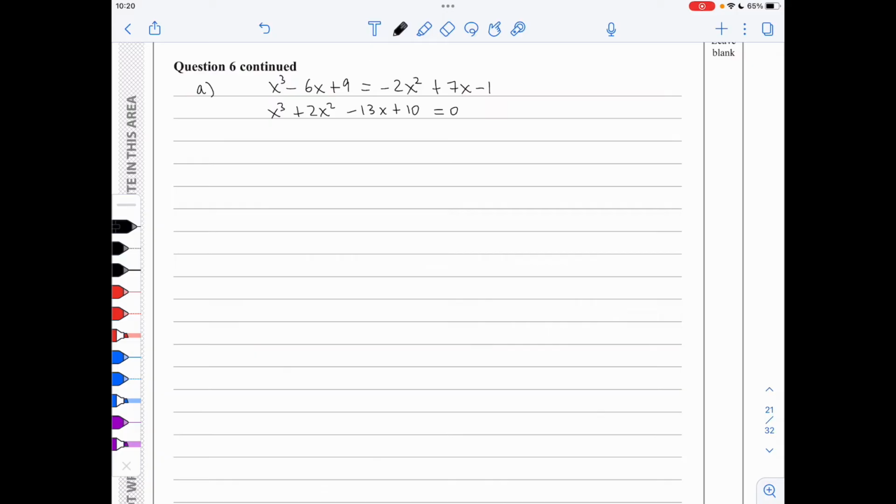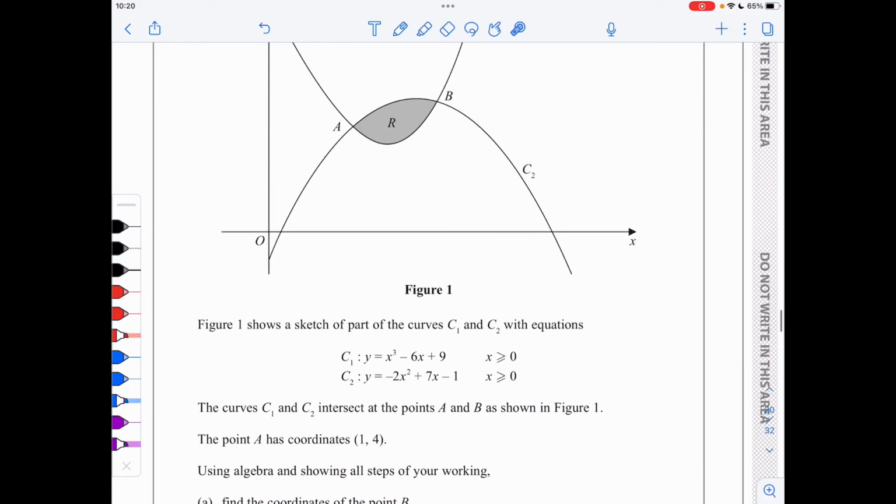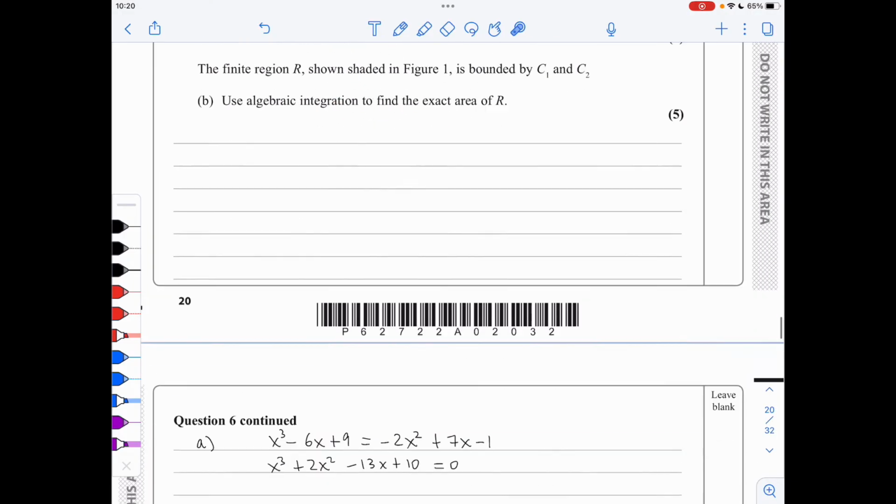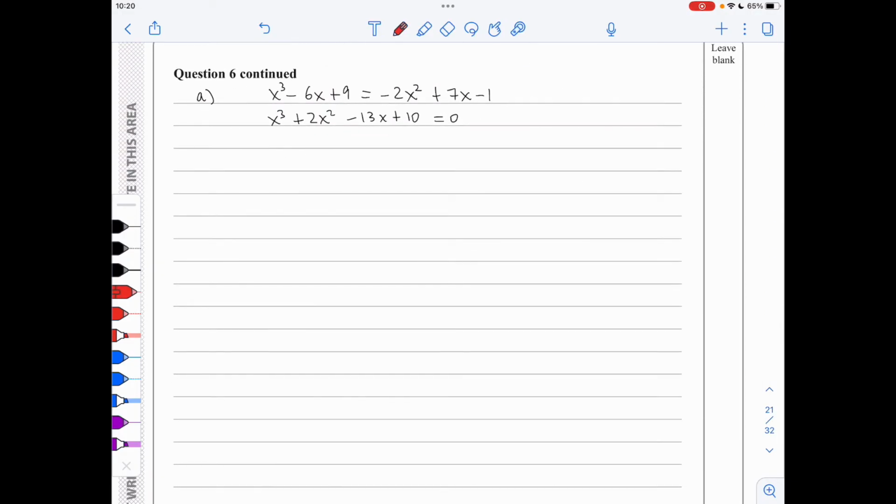We are looking at a cubic here, but we already know that one of the solutions is x is 1 because we have been given the coordinates of A. So x is 1 is a solution, hence x minus 1 is a factor, and this will allow me to start the process of long division in order to simplify the cubic.